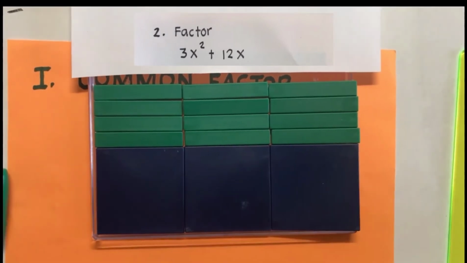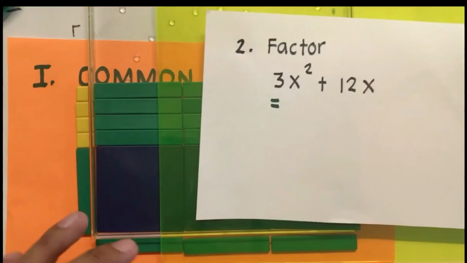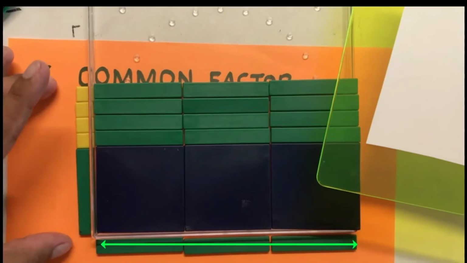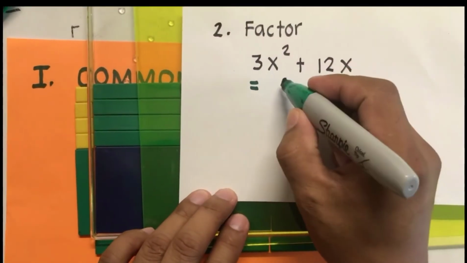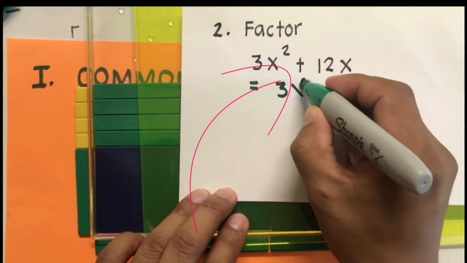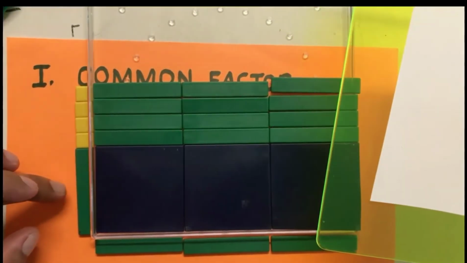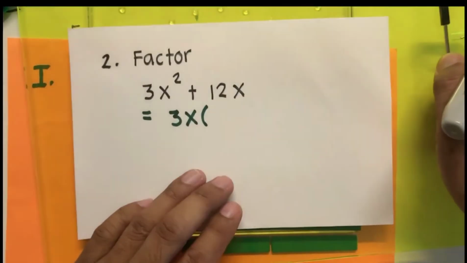Now to find the factors, we need to find what is the length and the width. And the factor of this would be this length and that width. And how do we read this one? It's 3x. And how do we read this one? You have x plus 1, 2, 3, 4. X plus 4.